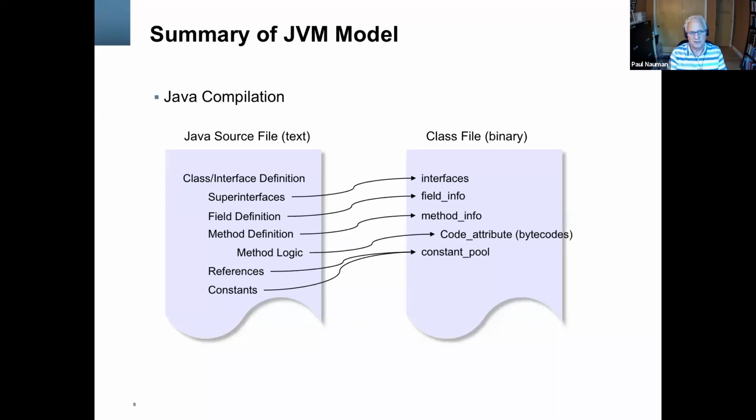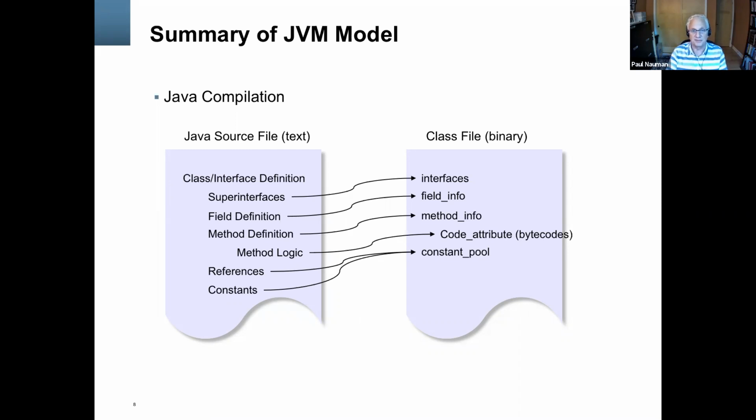So this is the first phase of compilation. This is where our Java source file, which is a human readable text file, contains all the components that you see over there on the left: our class or interface definition. If there are any superclasses or super interfaces, those are listed.